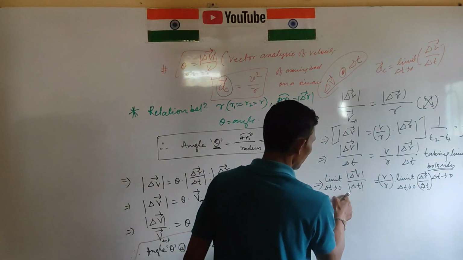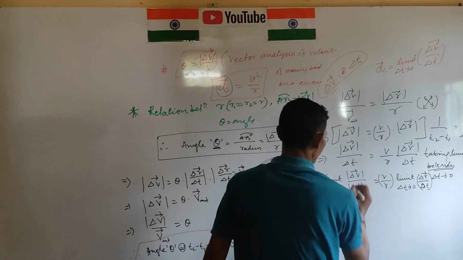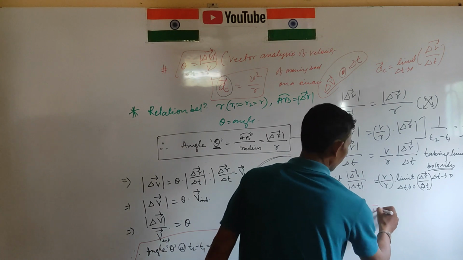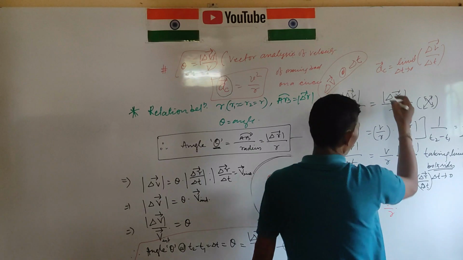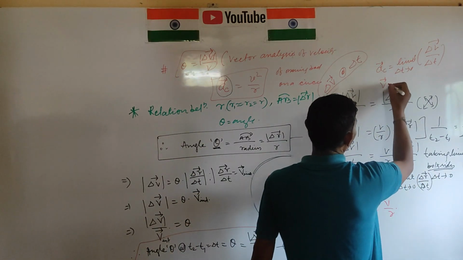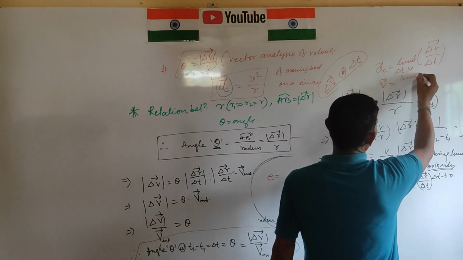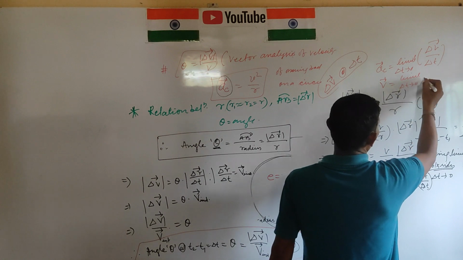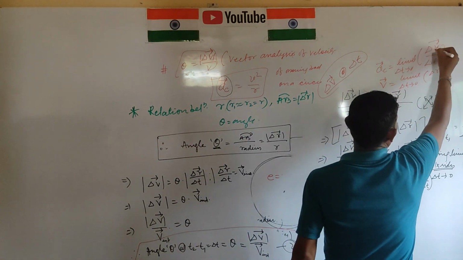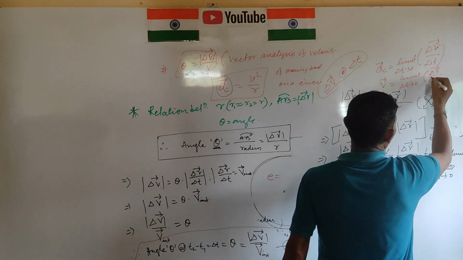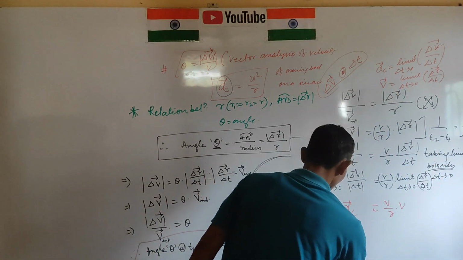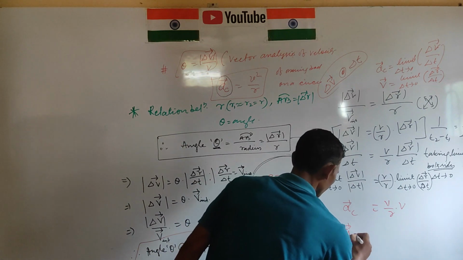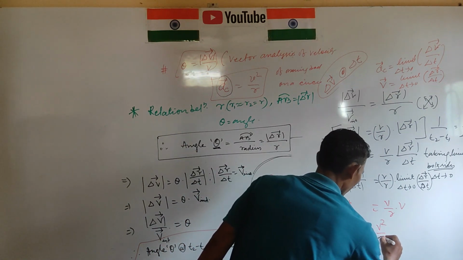So here the relation is acceleration, and this is v upon r. We know that the velocity is the limit as t tends to 0 of delta r over delta t, this is v. So finally we get acceleration a equal to v square by r.